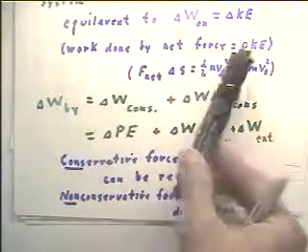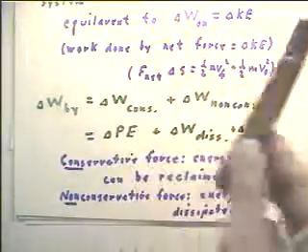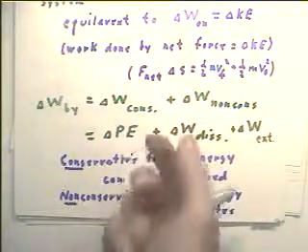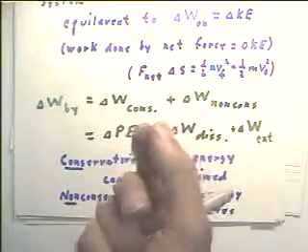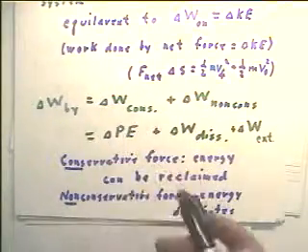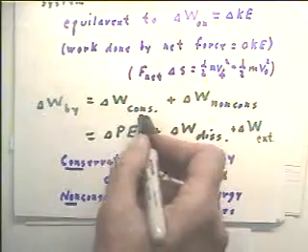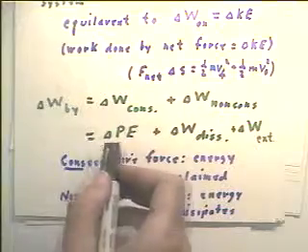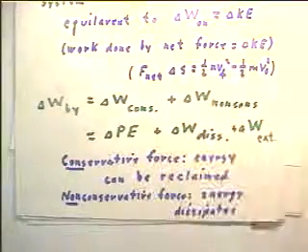So when I raise this marker toward the camera, I'm doing work against gravity. Gravity's trying to pull it down. I'm working against gravity, so I'm having to exert a force in the opposite direction of gravity, which is the force in the direction of motion. And I'm doing work on the marker against gravity. That work is my change in potential energy. Having done that work, if I release the marker, the energy comes back to me.